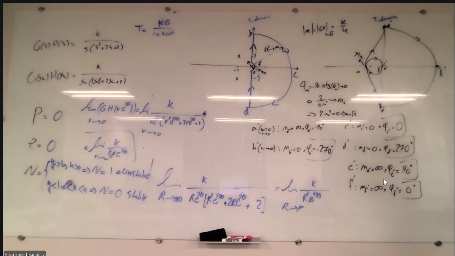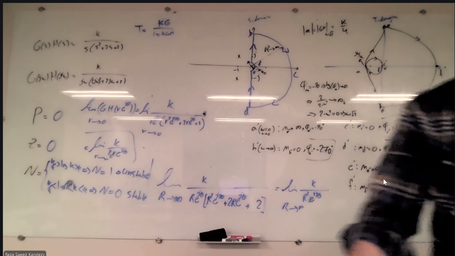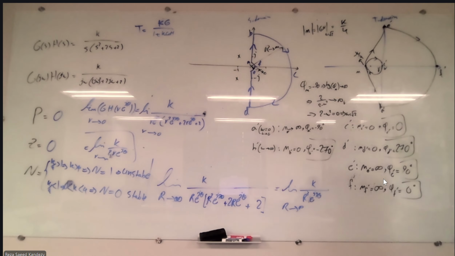You get what I'm saying? So this is how we do the stability analysis using a Nyquist for our transfer function.